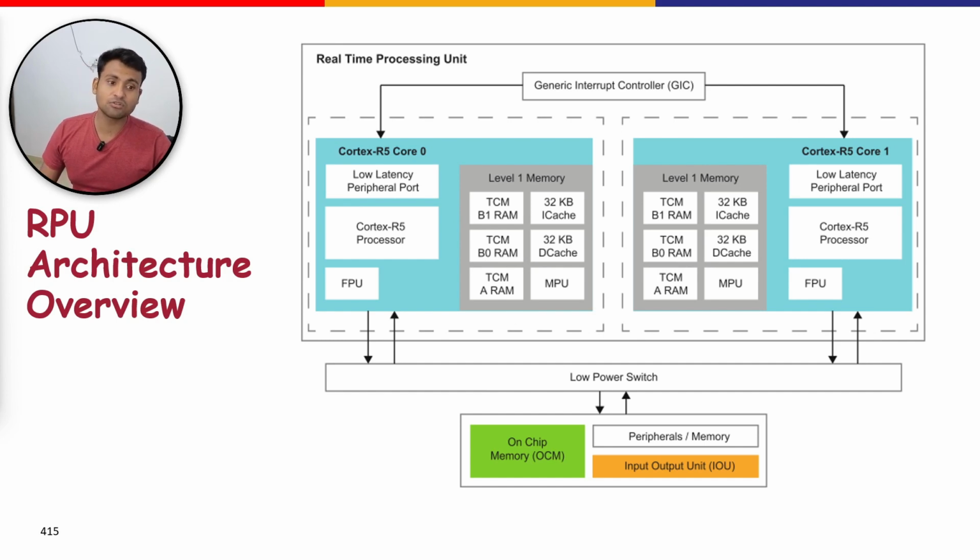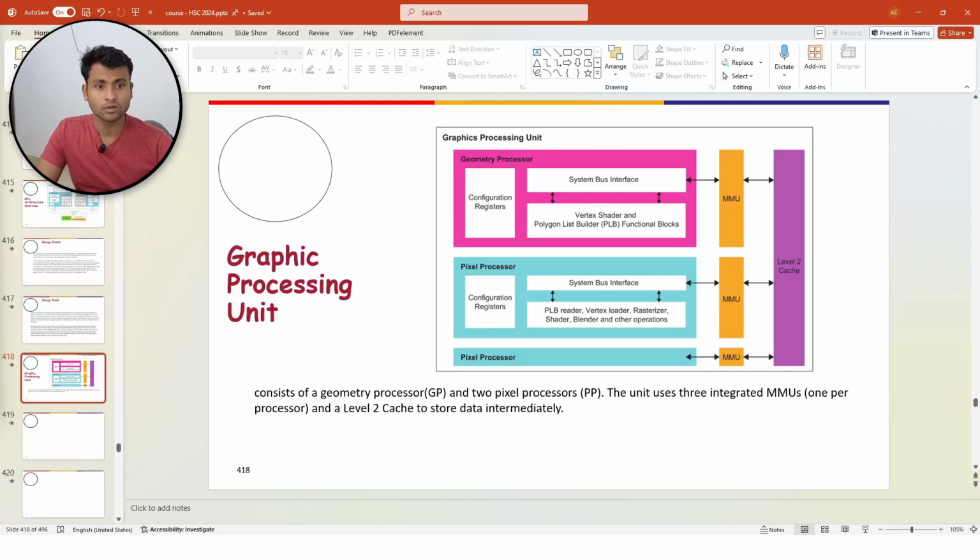The architecture of the RPU we'll discuss in detail in one of the further videos. For the sake of completeness, we'll be discussing the graphic processing in it, although we'll not be using it that much. So the GPU we have available in the Zynq MPSoC device is the ARM Mali 400 MP2 GPU, and we've already discussed somewhat that it consists of a geometry processor called GP and two pixel processors called PP.